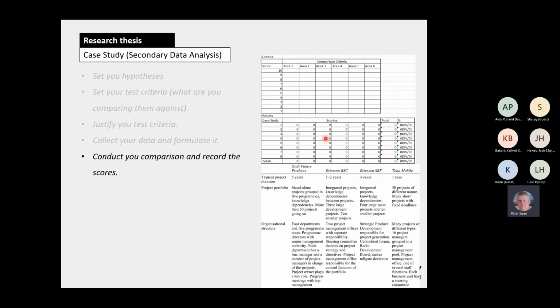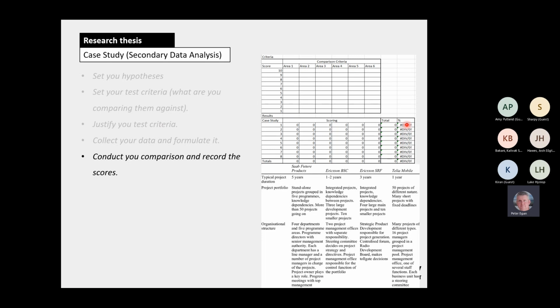Once you've got all your numbers filled in here against your criteria, it will give you a total score for that case study, but it'll also give you a total score for that area of assessment. So what you can do from this then is it'll give you also the percentages overall out of the total score so it'll give you a ranking, which one 1 to 10 pretty much.